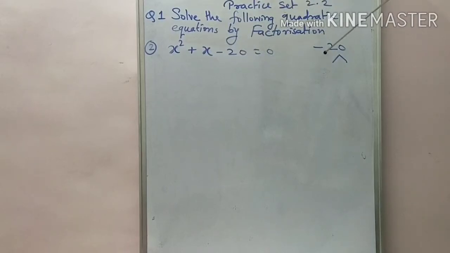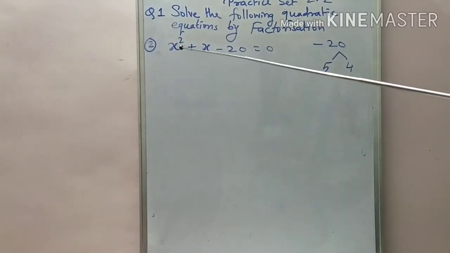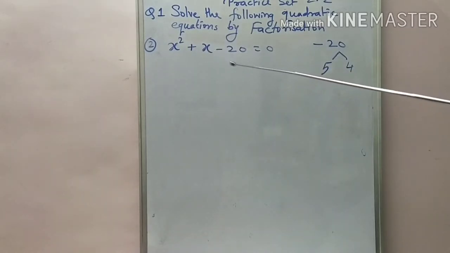The product is 20 and the subtraction is 1, and the factors are exactly 5 and 4. So the product is 20 and the subtraction is 1. But now we have to decide whether both factors have equal sign or opposite sign.